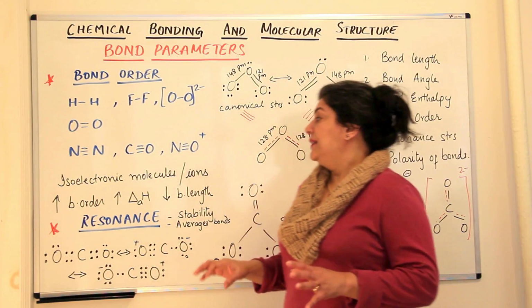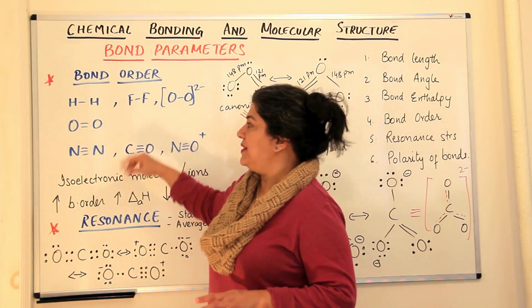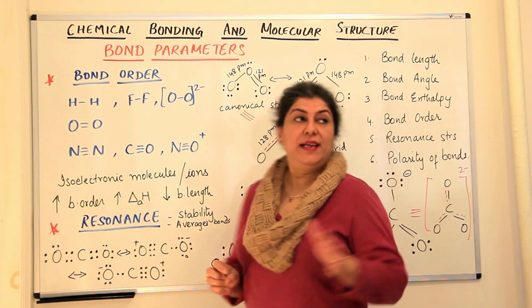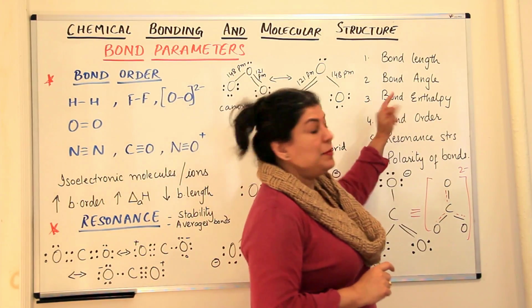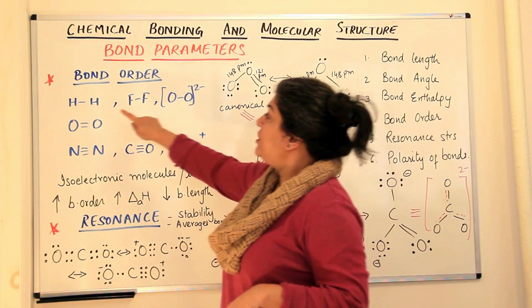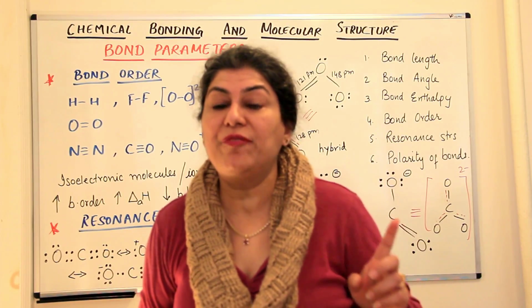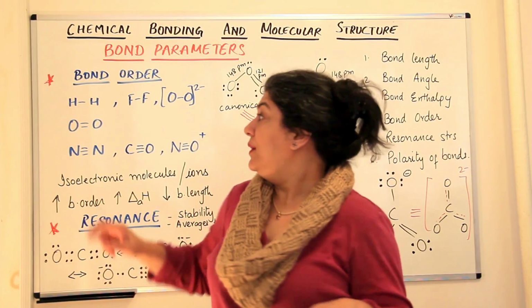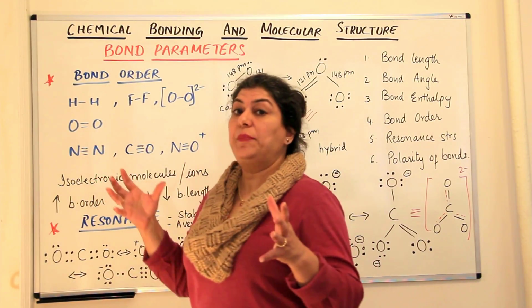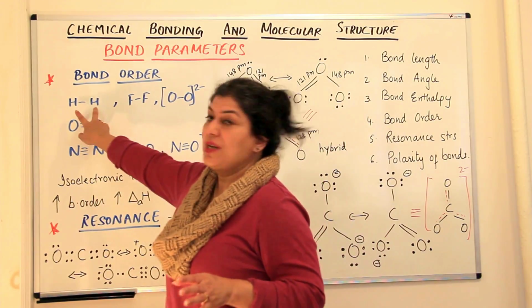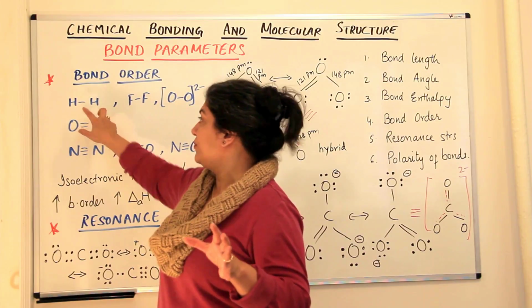Now we find that as the bond order increases, this is 1, 2, 3. In the previous video, when I discussed the bond enthalpies, I told you that the bond enthalpy of hydrogen is 435.8 kilojoules per mole. The bond enthalpy is the amount of energy which is required to break 1 mole of bonds between 1 mole of the molecules of that substance.